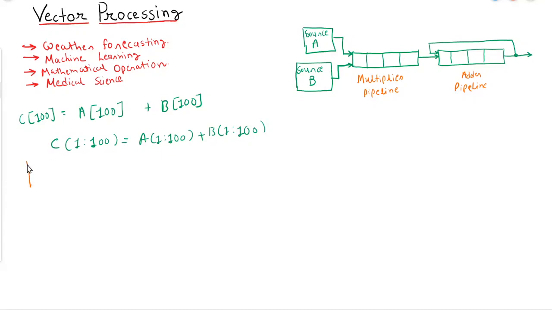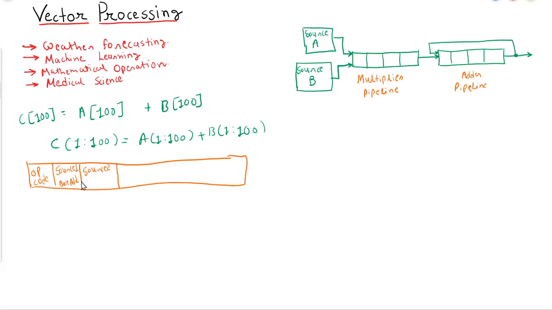If we try to draw an instruction format for vector processing, it will look like this. Here the first element will be the opcode, which will specify the operation. Next will be the source 1 base address, then the source 2 base address.